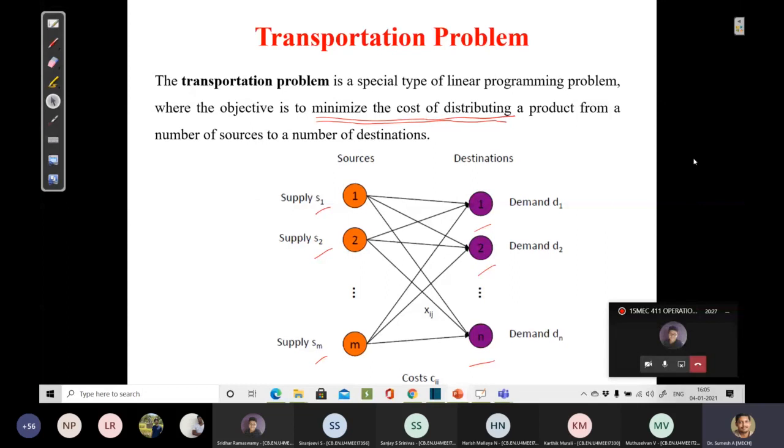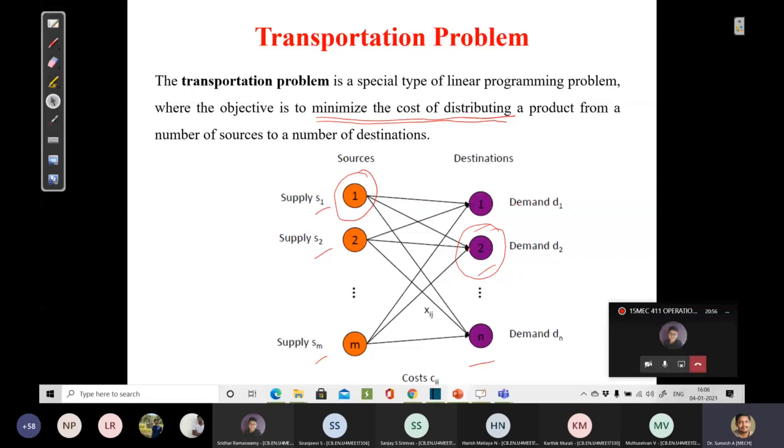All the nodes can be interconnected in the case of transportation. So you need to identify from which source to which destination you can transport cheaply so that the total cost will be minimum.